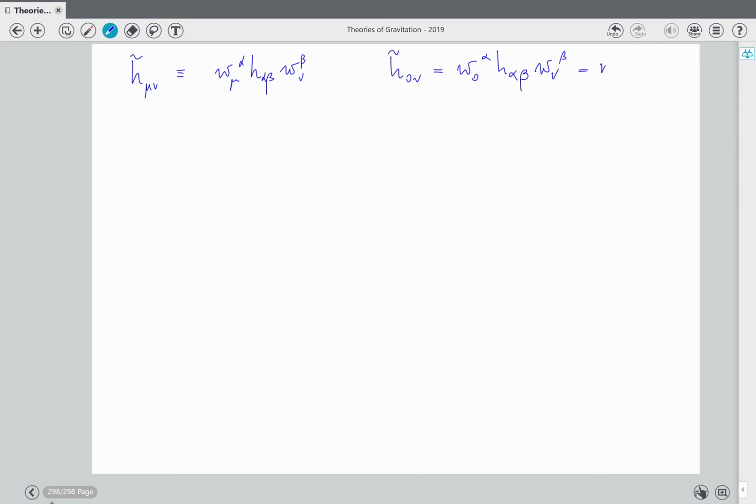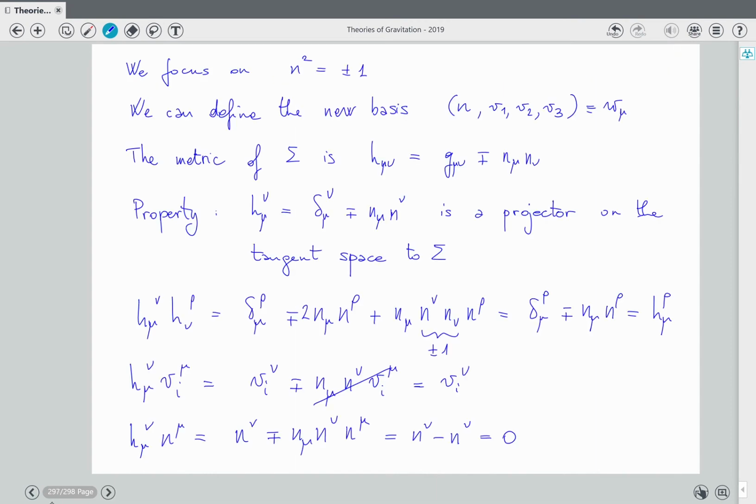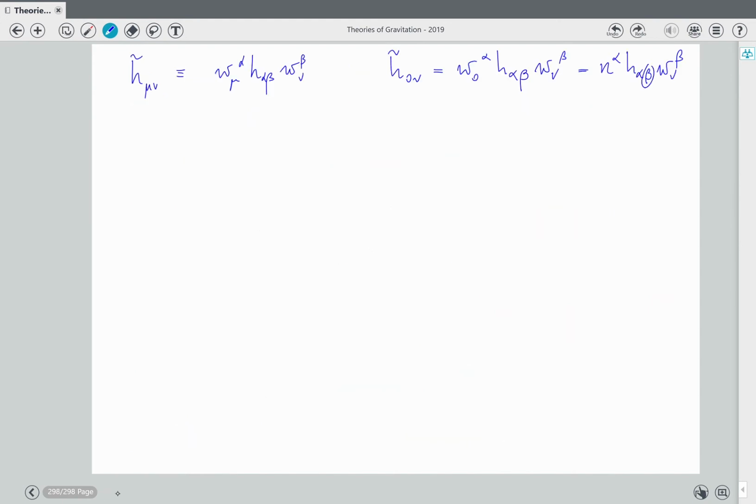So that is n h, but h contracted with n gives 0. You can, if you want, raise this index with a metric, the metric g mu nu. But this is 0.